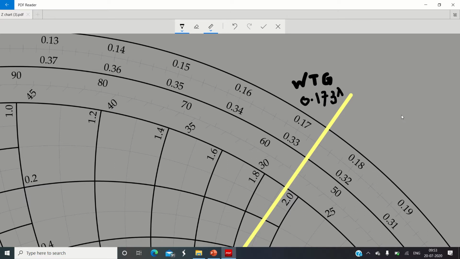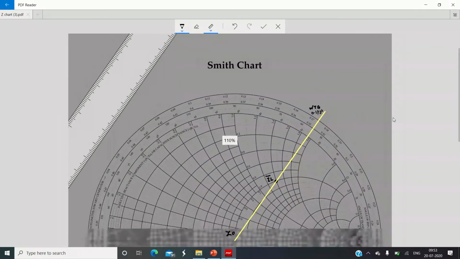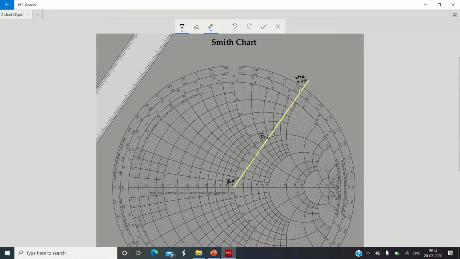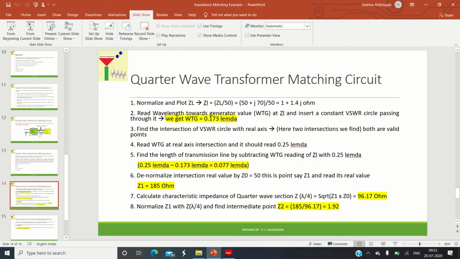Please remember, we need to specify it in terms of lambda. I will zoom out now. You need to specify the intersection of that line on the outermost scale so that we get the WTG. So write down that wavelength towards generator value over here. The same I highlighted over here. So we got the wavelength towards generator value 0.173 lambda.